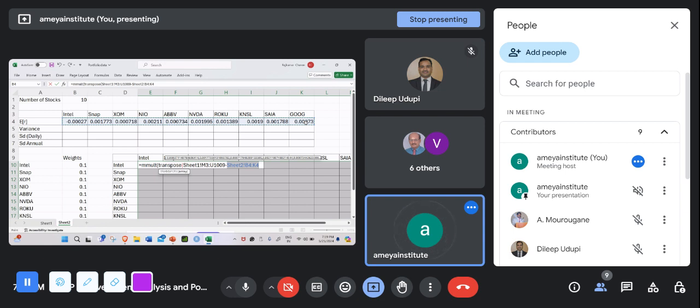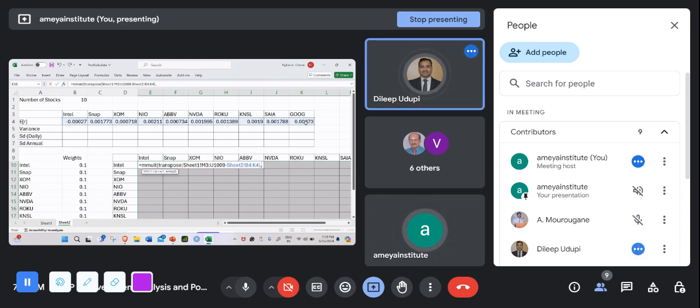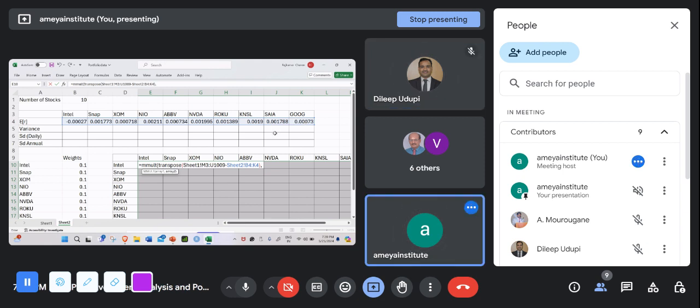Then we close the bracket. Then minus sheet 2 expected return, right? Yeah, expected return. Then close the bracket here, then press comma, then again go to sheet 1.